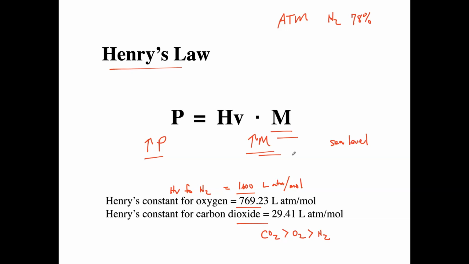Normally at sea level, we don't see nitrogen solubilizing in the blood, but during scuba diving there's going to be increased solubility of nitrogen in our blood because the pressure increases when you're underwater. It turns out that for every 10 meters of descent underwater, there's an increase of 1 atmosphere of pressure.